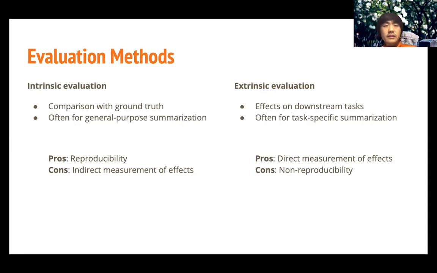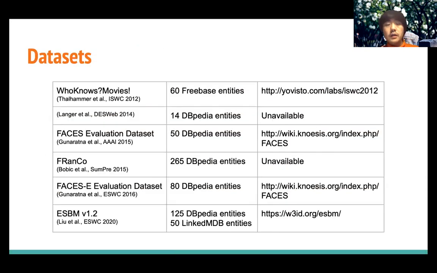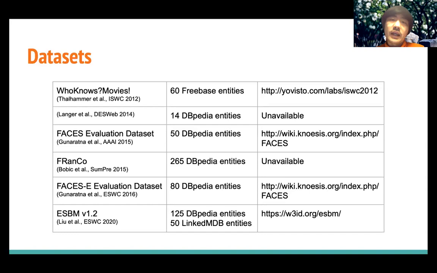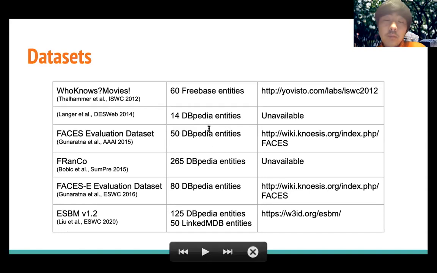Well, in the next part, we'll only focus on intrinsic evaluation, because there are already many datasets there. Each dataset provides a set of entity descriptions and their ground truth summaries created by human experts. Unfortunately, some datasets are not available anymore, but some are still downloadable.